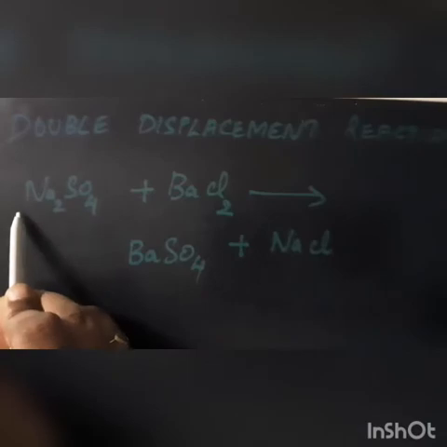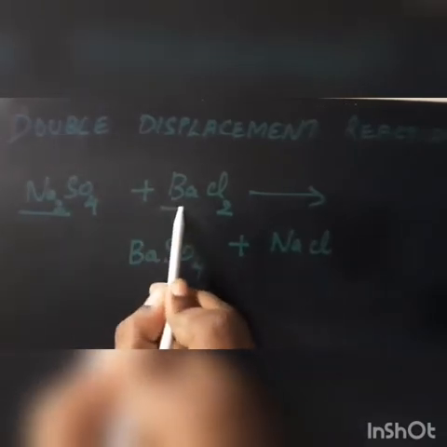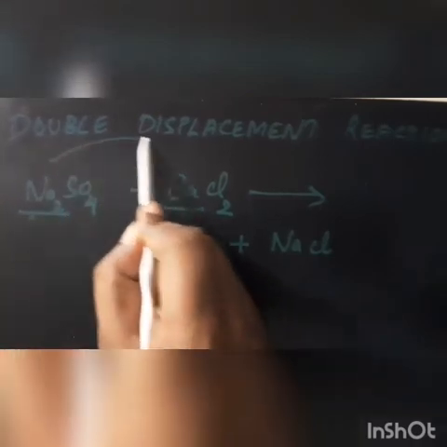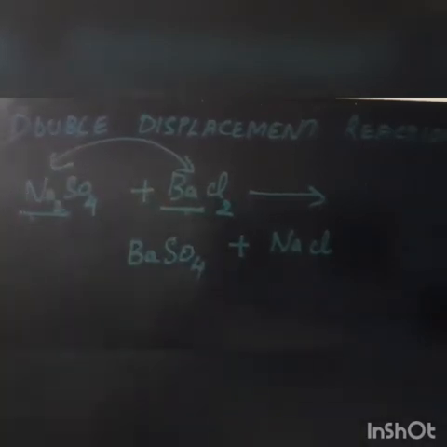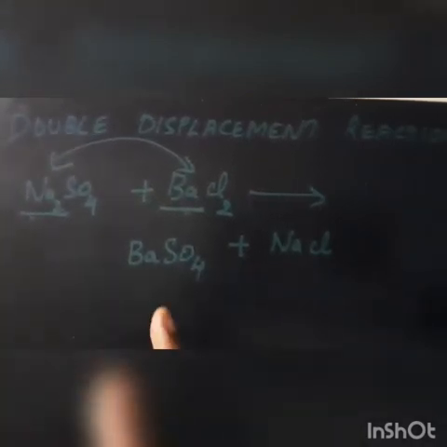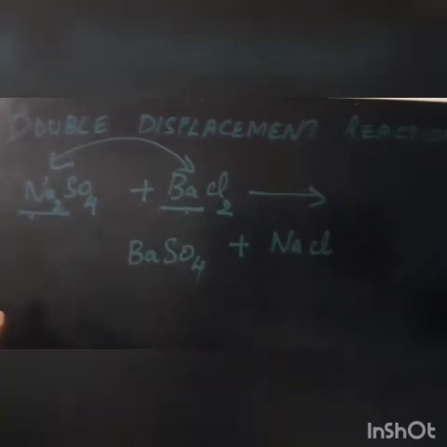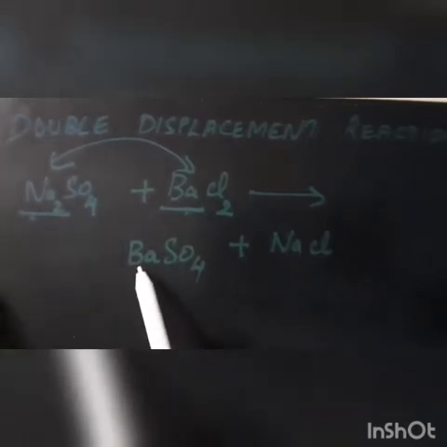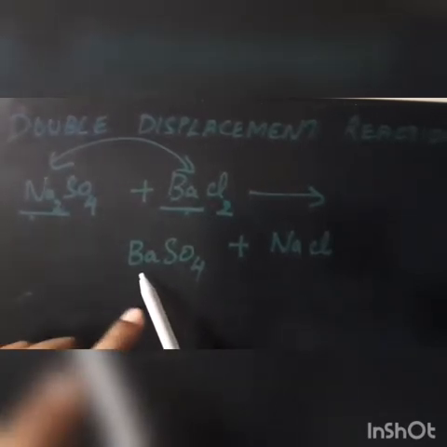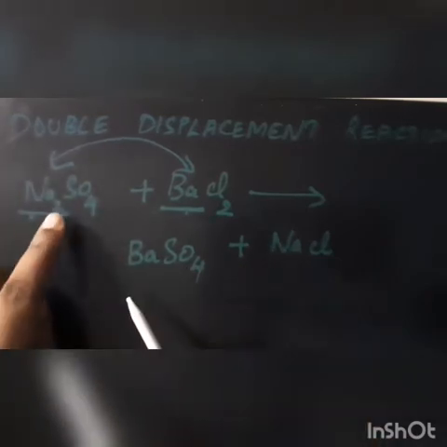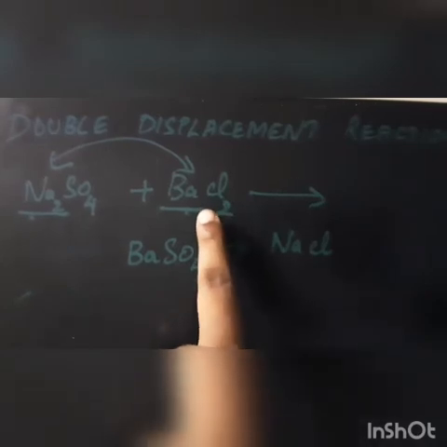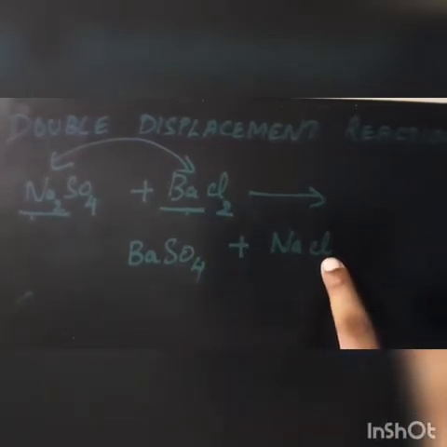Here you can see sodium and barium have exchanged their seat. A mutual exchange of ions has taken place to form two different compounds. Sodium sulfate has changed into barium sulfate. Barium chloride has changed into sodium chloride.